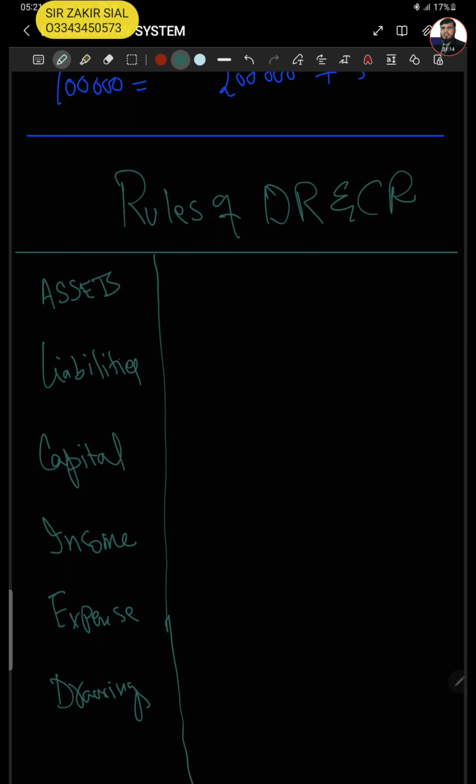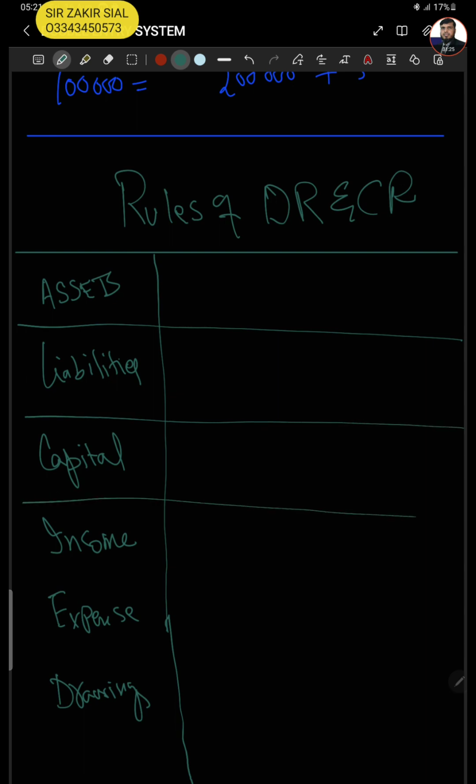These are the main six contents which we have already discussed. Now we write the rules of debit and credit here.